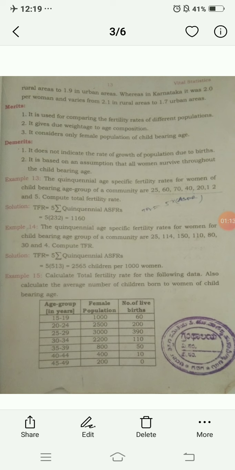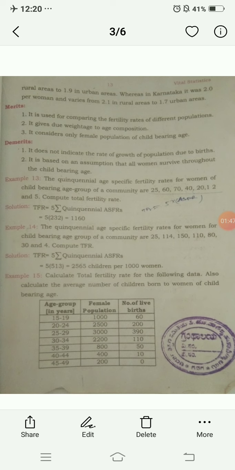Second, it gives due weightage to age composition, because here we are considering ages between 15 to 49. Third, it considers only the female population of childbearing age. Here we use only the female population, not the male population, because we need to consider age and sex composition in the fertility rates.